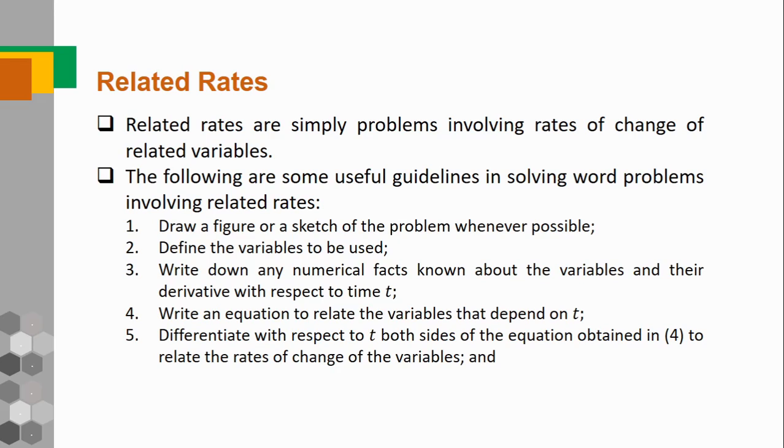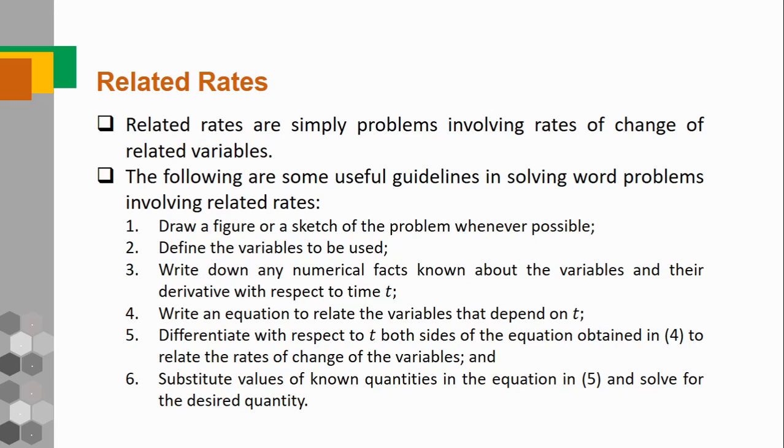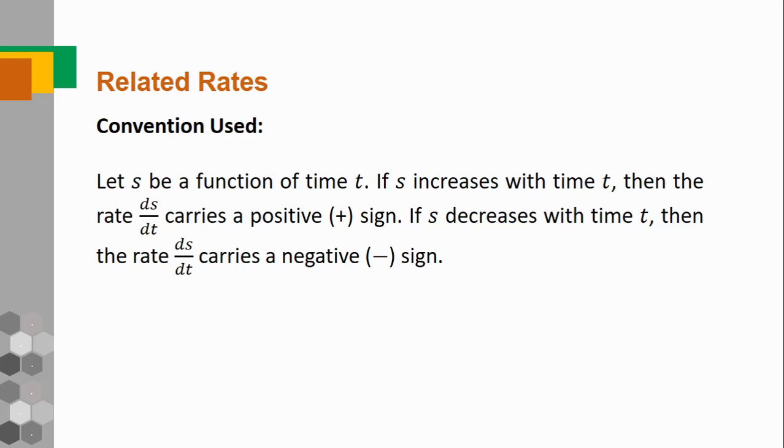Step 5. Differentiate with respect to t both sides of the equation obtained in 4 to relate the rates of change of the variables. And lastly, substitute values of known quantities in the equation in 5 and solve for the desired quantity. And we must take note of this one.